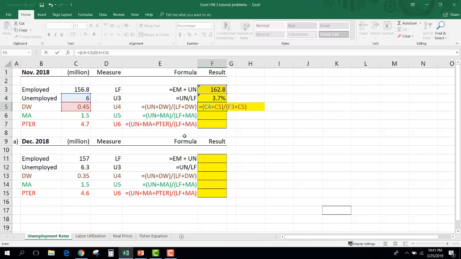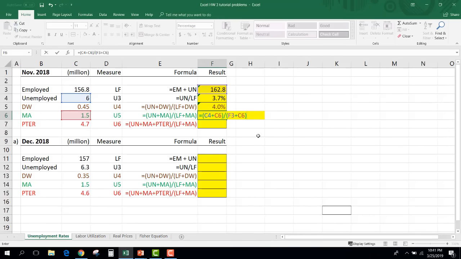Remember to group both of these in parentheses so you do the addition first before you do the division. Remember that order of operations. Okay, so I have 4% there, and then my U5 is taking unemployed plus the marginally attached divided by the labor force plus the marginally attached.